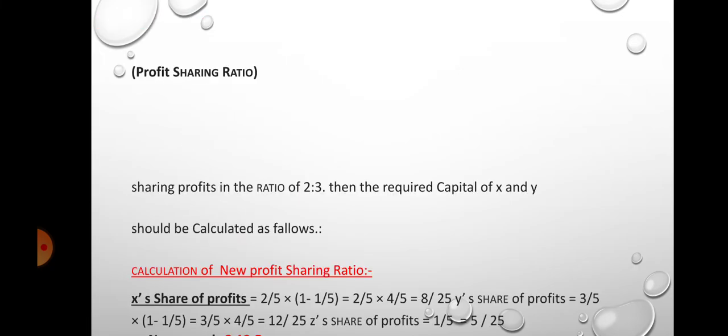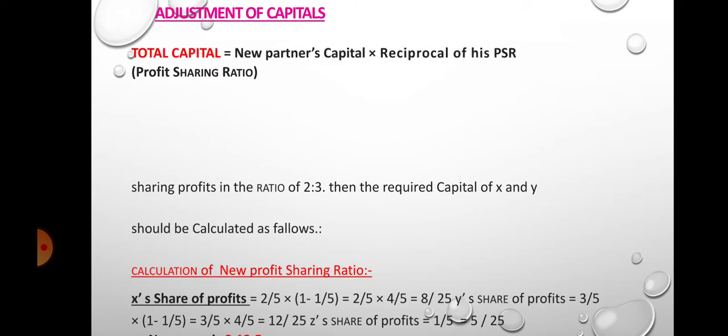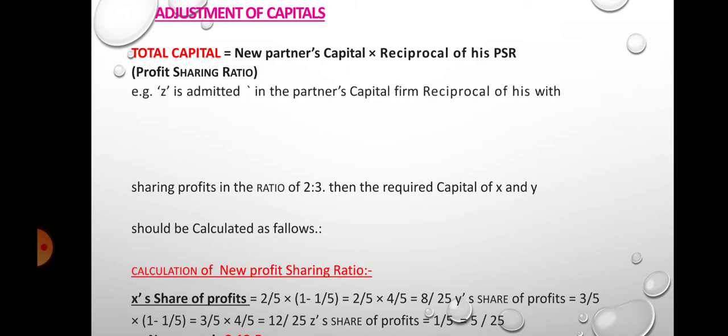Adjustment of capitals. Total capital is equal to new partner's capital into the reciprocal of his profit sharing ratio. Example: Z is admitted in the partnership firm with a 1/5 share of the profits of the firm.